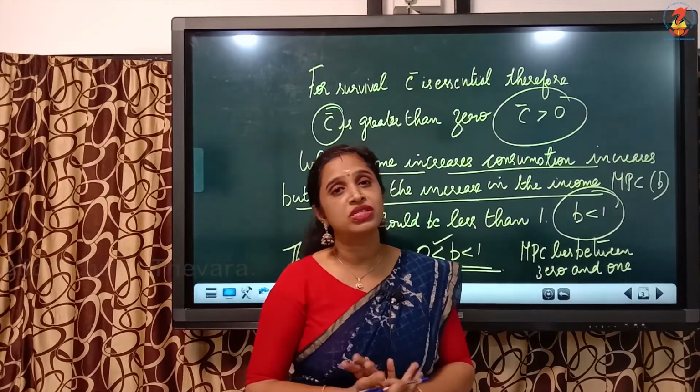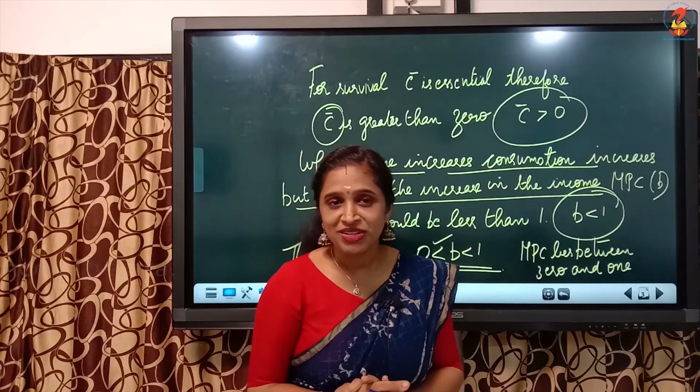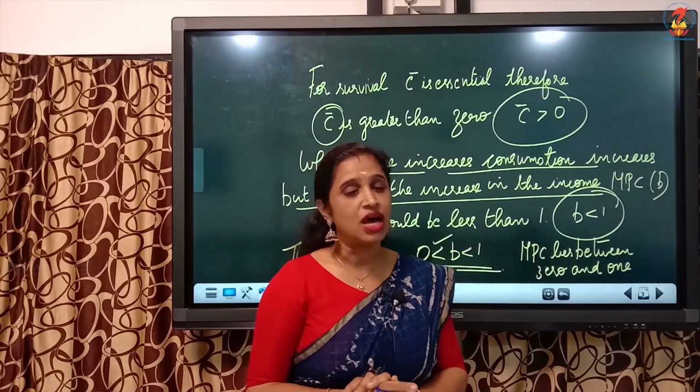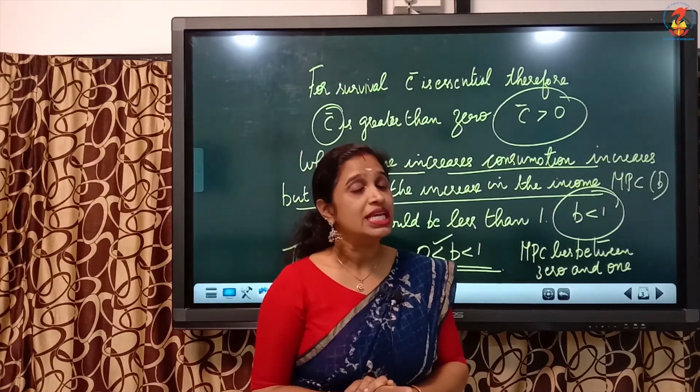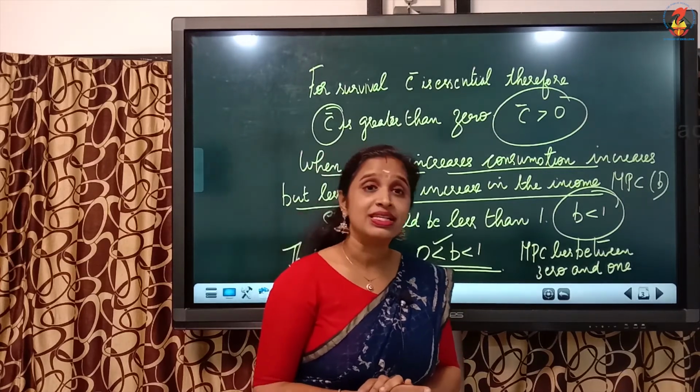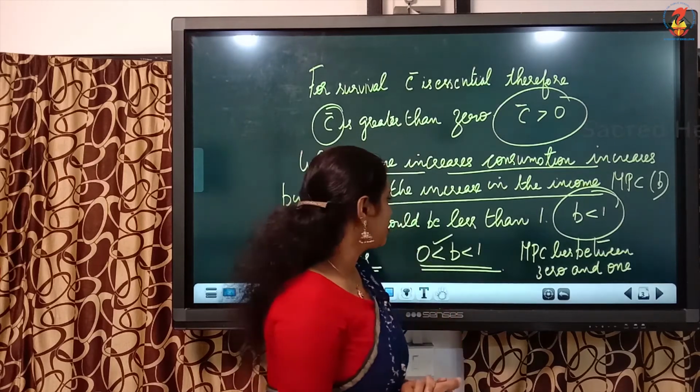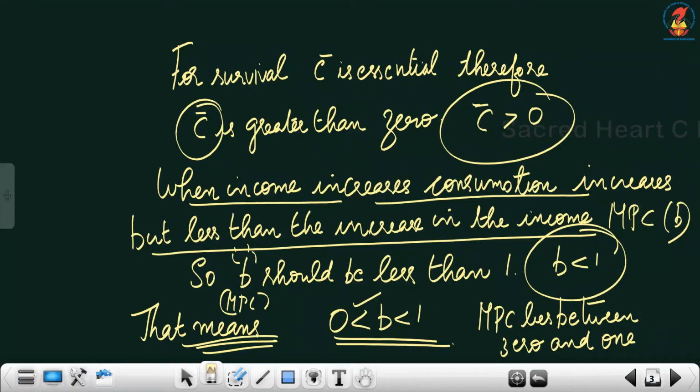If people are not saving, there will not be any investment in the economy. So, savings are a must. Therefore, the value of B will be less than 1. Now, we can rewrite the statement as 0 less than B less than 1. What do you mean by that?